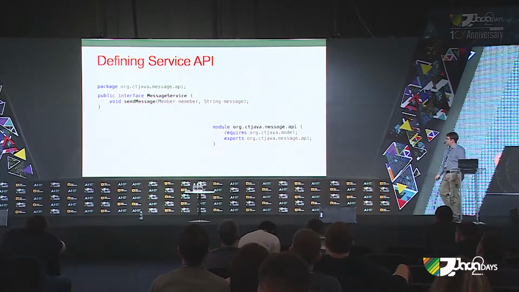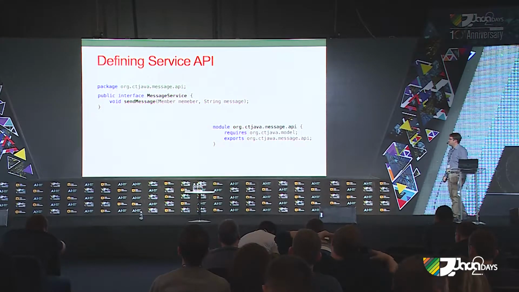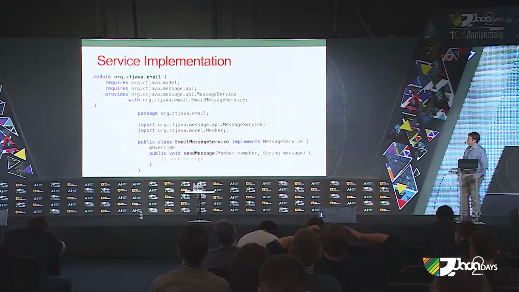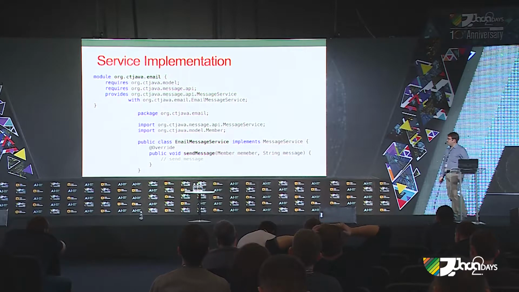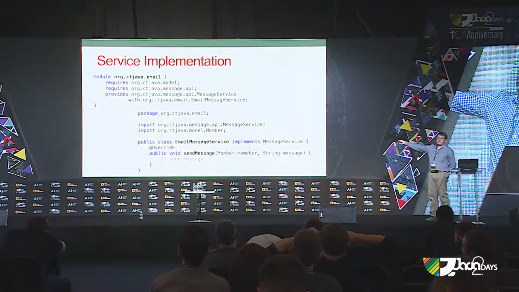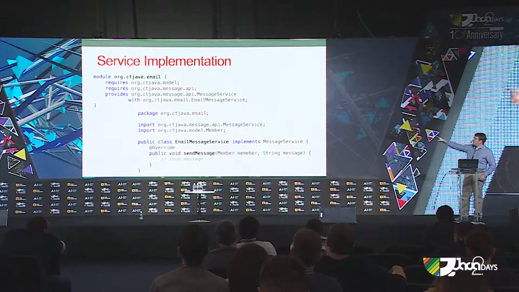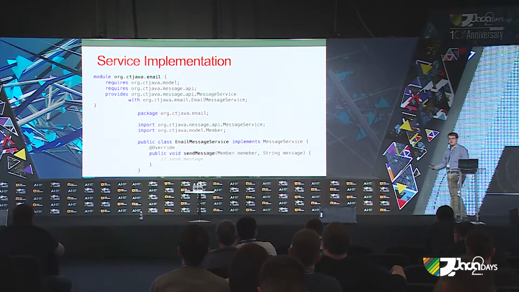So I have my message service, and then the API for it, so I'm detailing what I'm exporting, and then the actual implementation of the service, where I'm specifying up at the top, that provides is the keyword over there on the left. I'm specifying that I'm providing this service with this implementation. So this is implementing services.